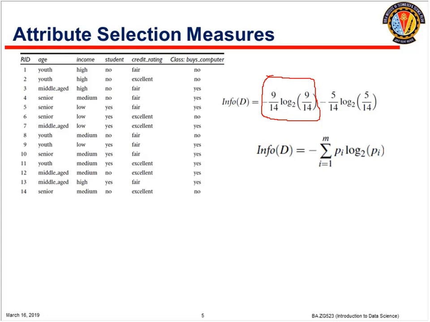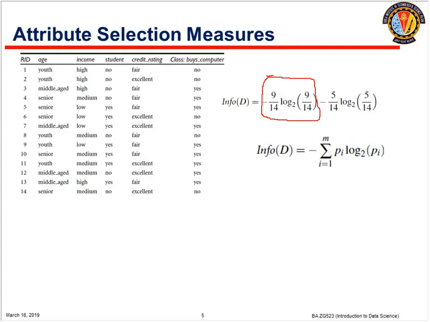There are 9 yes out of 14, so 9 by 14 is the probability of a random person buying a computer, if you don't have any other information. Because 9 persons out of 14 have bought a computer, minus p log p will be minus 9 by 14 log 9 by 14.